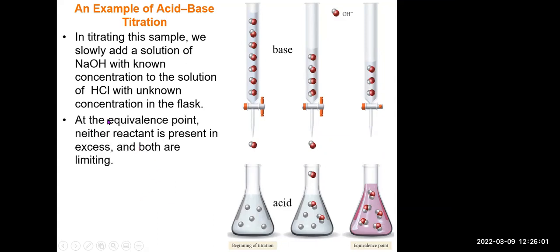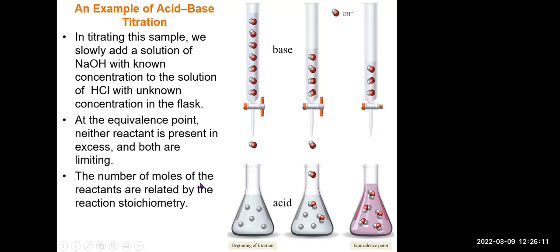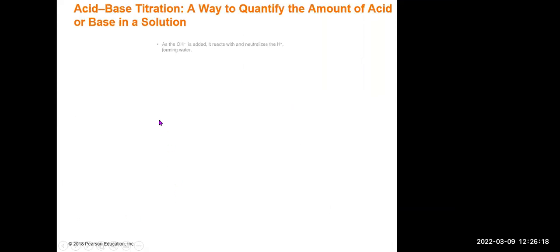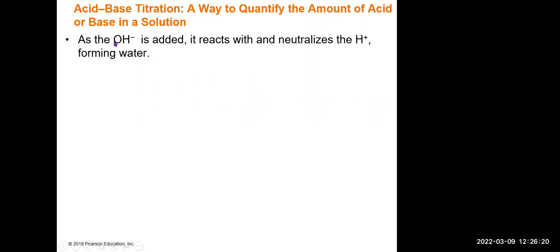At the equivalent point, neither reactant is present in excess and both are used up, or both are limiting. The number of moles of the reactants are related by the reaction stoichiometry. As the hydroxide is added, it reacts with and neutralizes H+, forming water.